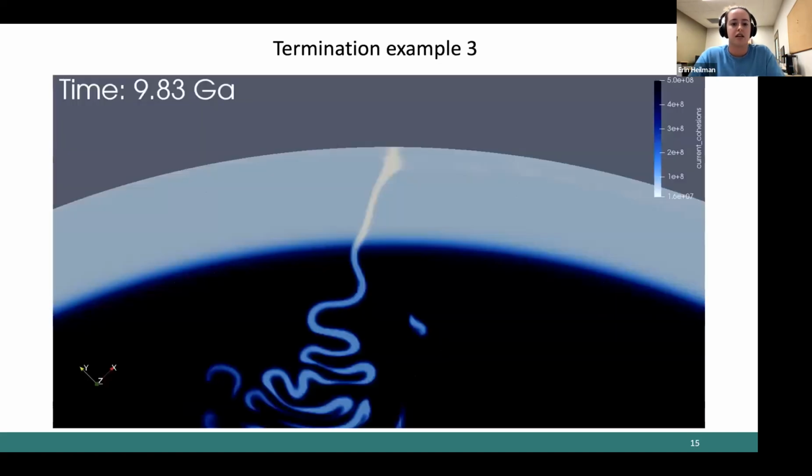So this is showing yield stress in our models from the third termination example I showed. This is the scale over here. So this subducting slab has been fully weakened to 16 MPa. So we essentially allow the strain weakening to reduce the yield stress by 75%. So this model started at 65 MPa in the crust, and then this slab is fully weakened.